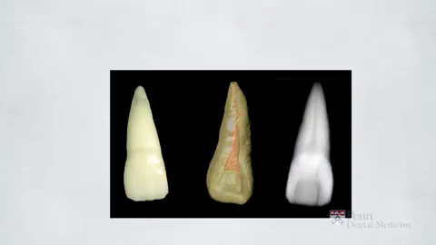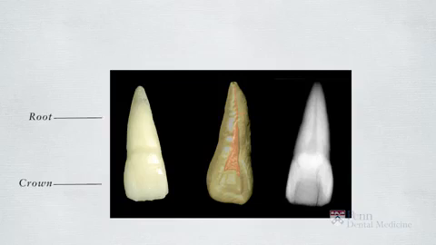The tooth itself consists of 2 major parts, the root and the crown of the tooth. The crown is that part that sticks above the gum line, and the root is that part of the tooth which is embedded in bone. The root generally is twice as long as the crown, and that ratio is necessary to maintain the stability of the root.